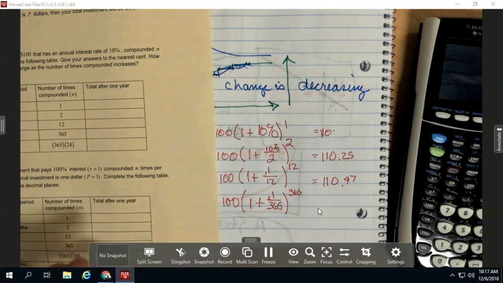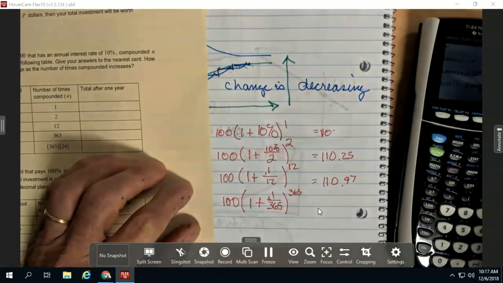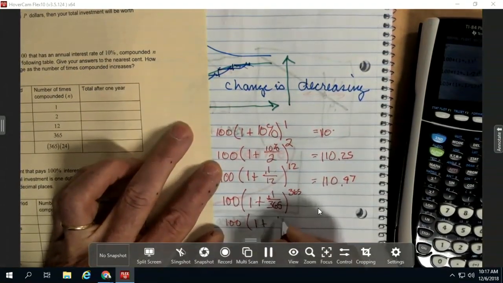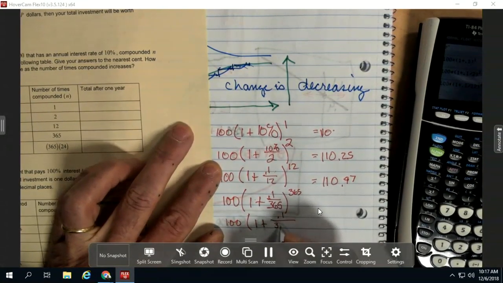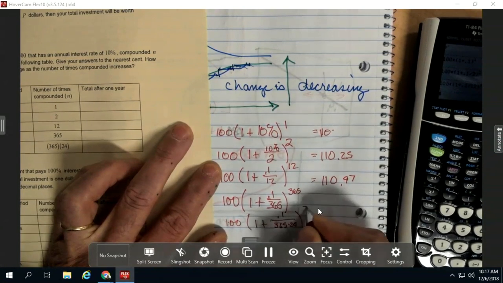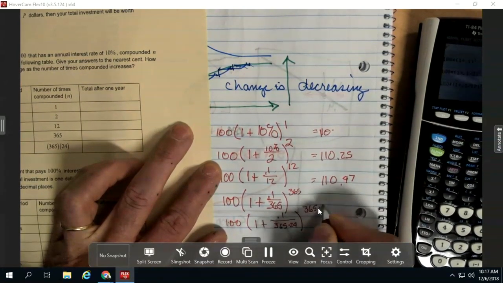So the next one will be 100 times 1 plus 0.1 over, and they just have it as a product, 365 times 24, to the 365 times 24.